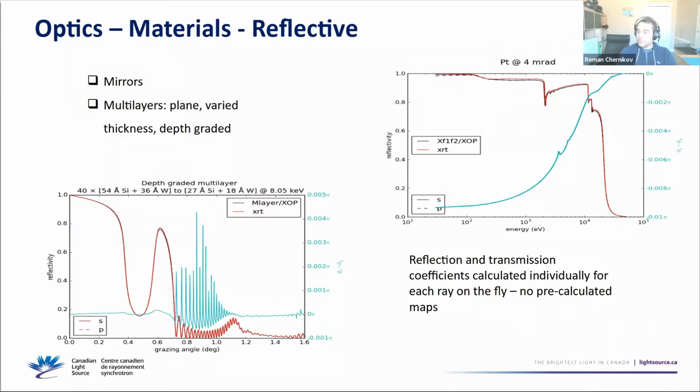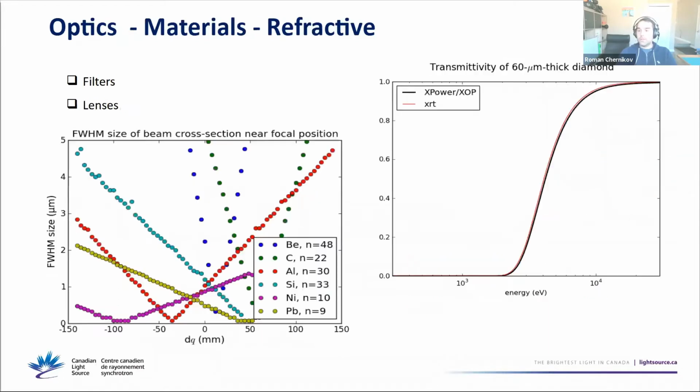We can calculate all material properties. We can calculate reflective optics, yeah, multi-layers, mirrors. Yeah, we can calculate refractive elements, filters, and CRLs. And material properties are applied or are calculated for each individual ray separately. So there are no intensity maps, there's no interpolation.